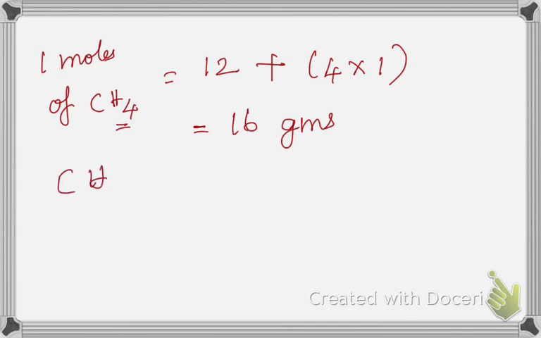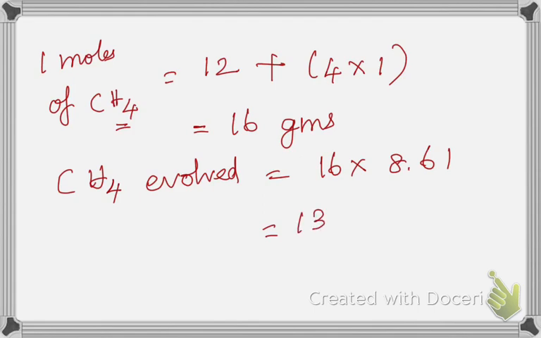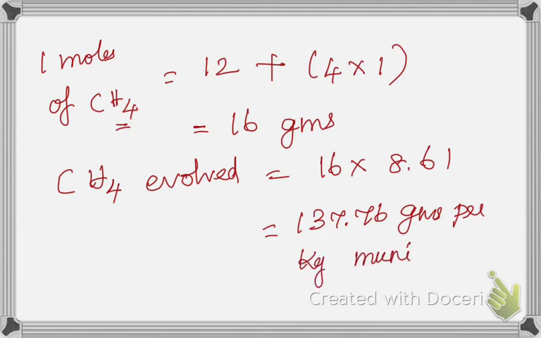But for this particular problem, they have asked how many grams per kg of municipal waste. So the methane evolved will be equal to 16 into 8.61, which is equal to 137.76 grams per kg of municipal waste.